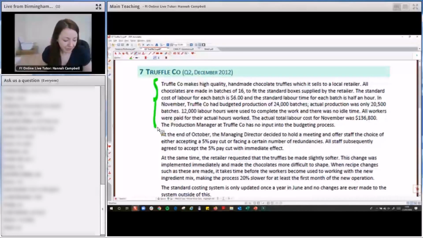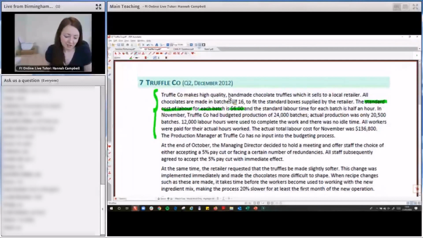So we've got: Truffle Company makes high quality handmade chocolate truffles which it sells to a local retailer. All chocolates are made in batches of 16 to fit the standard boxes supplied by the retailer. The standard cost of labour for each batch is $6.